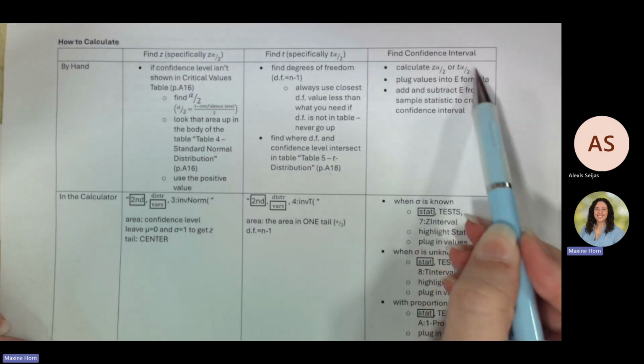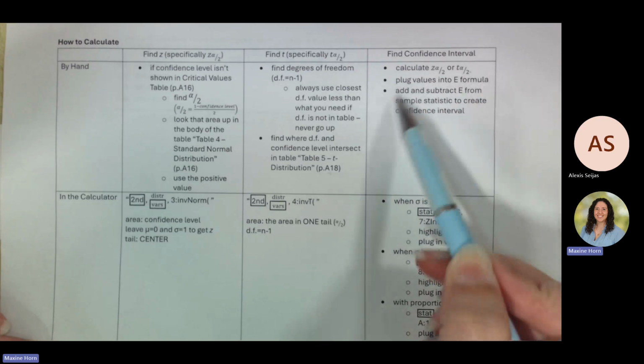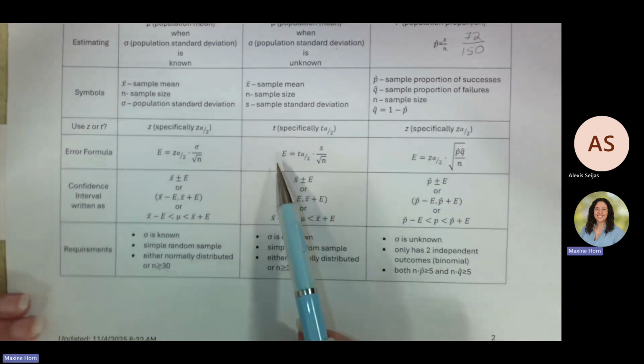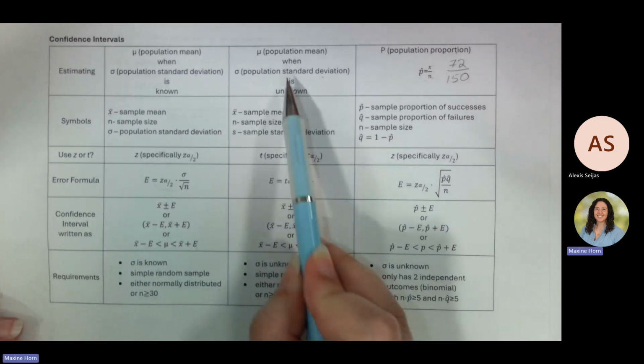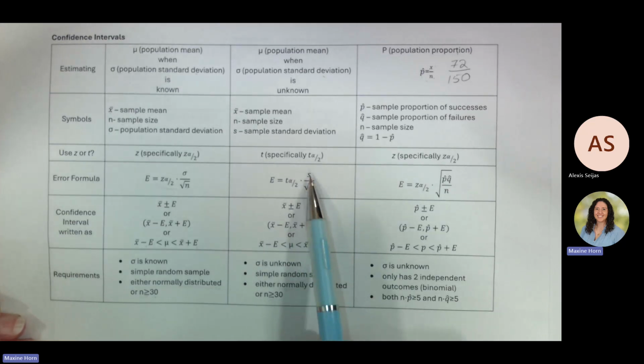We found the t alpha halves. We're going to plug that into the E formula, our margin of error formula, and then add and subtract the error from the sample statistic. So again, what's our margin of error when we don't know our population standard deviation? It's our t alpha halves, which we just found, times the sample standard deviation over the square root of the sample size.